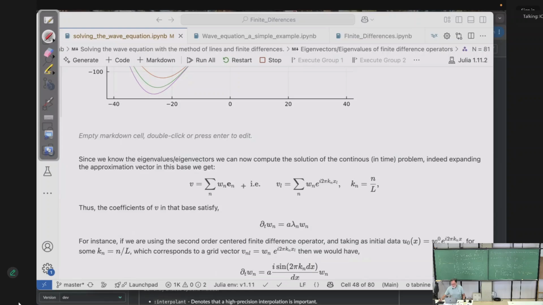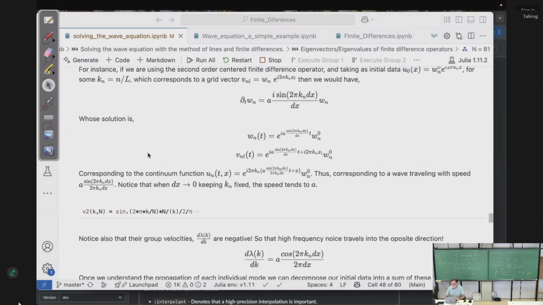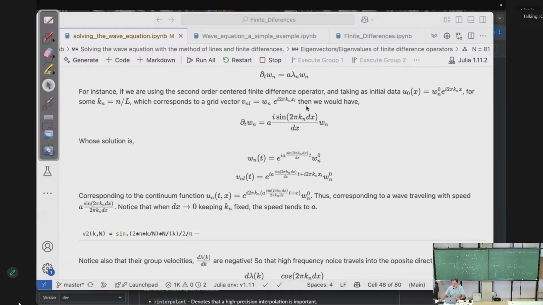And if we take the time derivative here, we use the equation, and we use that the derivative of E_n is equal to lambda_n E_n, right? Then the system becomes just this simple system for each of the modes. And applying the center difference, for instance, we get this.